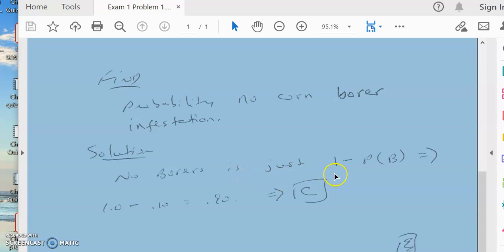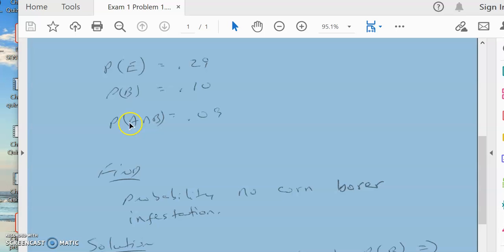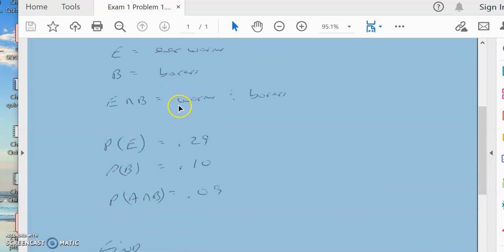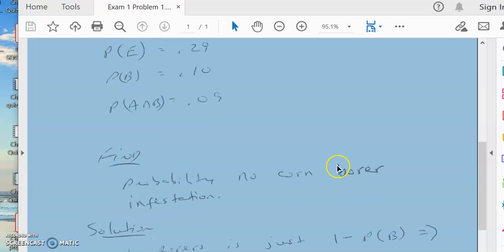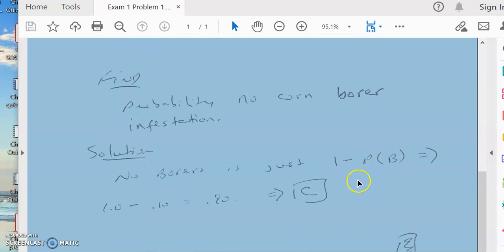So 1 minus the probability of B is going to give you the probability of no corn borers, right? Because the probability of B is the probability of having a borer infestation. So to have no borers is 1 minus the probability of B. That's 1 minus 0.10, which is 0.90. That's answer number C, which is the correct answer.